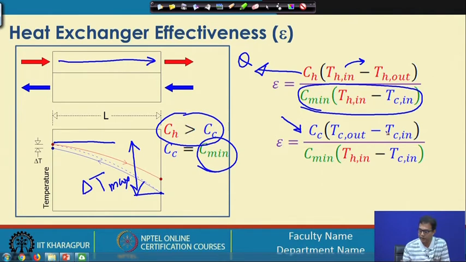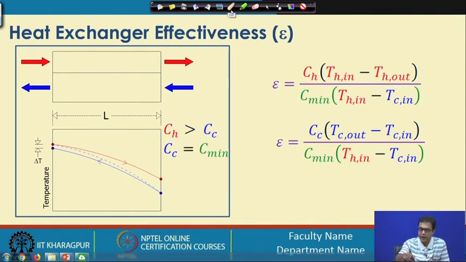So, what we will find here is that the C C and C min terms cancel out in this expression, but we cannot cancel C H and C min. So, in this case it becomes a simple expression: epsilon equals T C out minus T C in divided by T H in minus T C in.